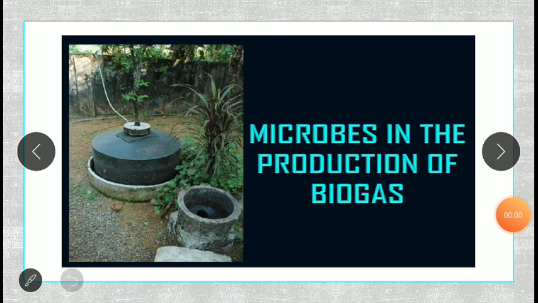Hello students, in my last video we studied the microbes used in sewage treatment. There we saw how microorganisms are used to treat the waste water generated in cities and towns containing human excreta, organic matter and other microbes.